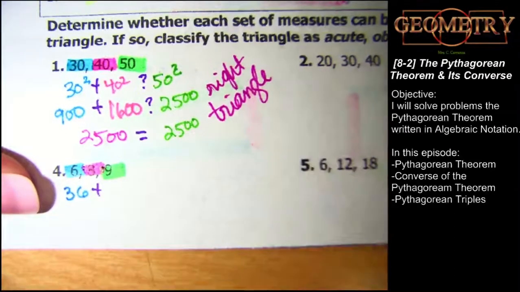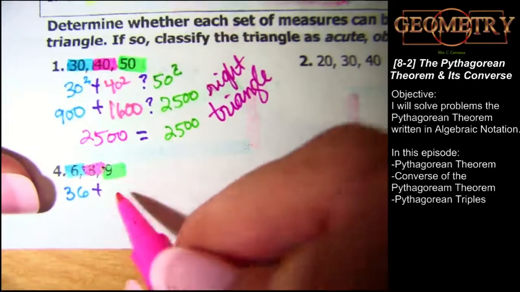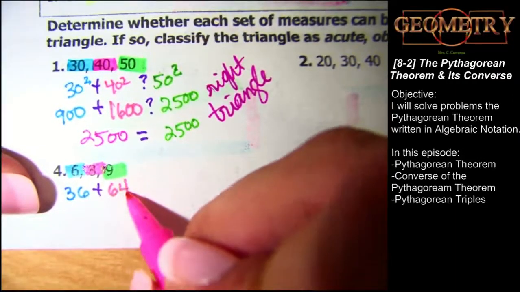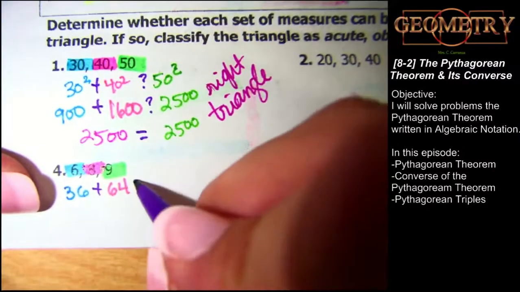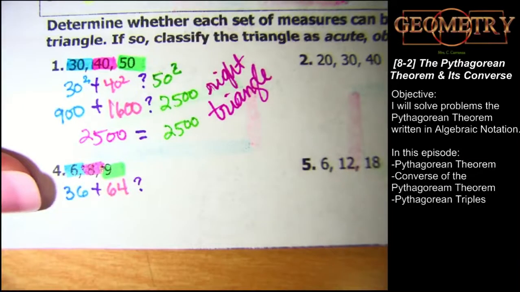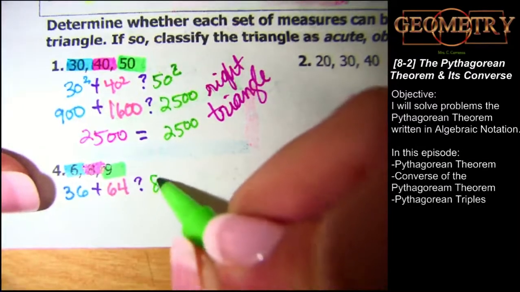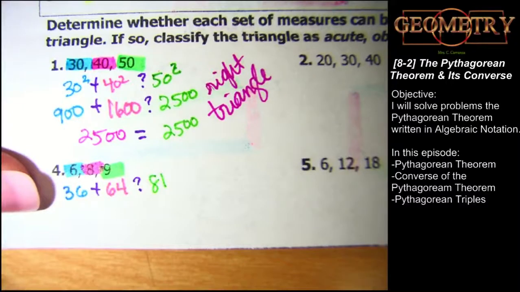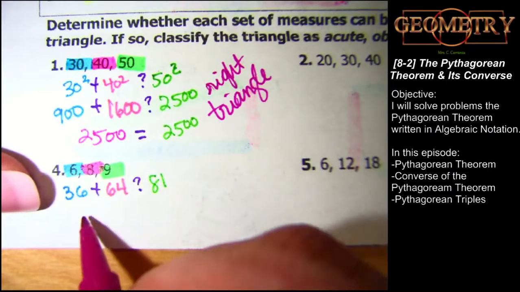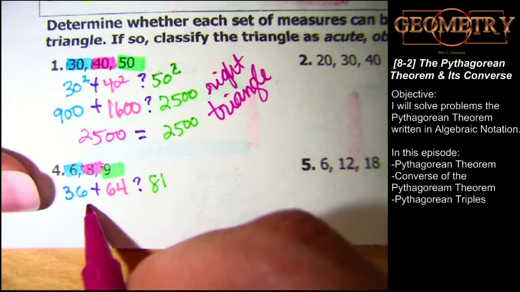That plus 8 squared. What is 8 squared? 64. And that has some relation to 9 squared. 9 squared is 81. 36 plus 64 is 100.